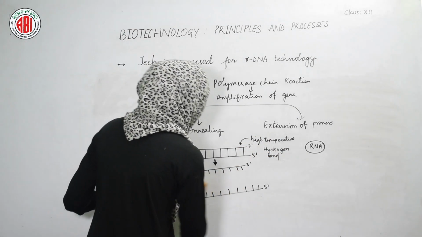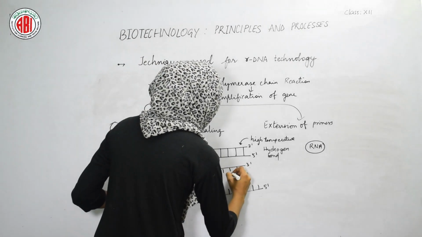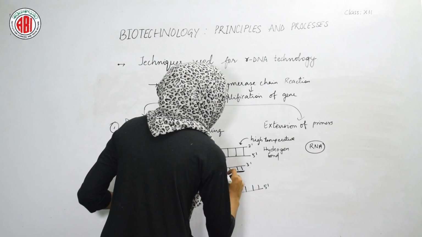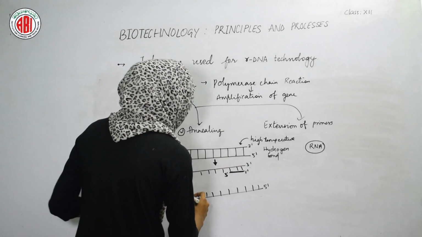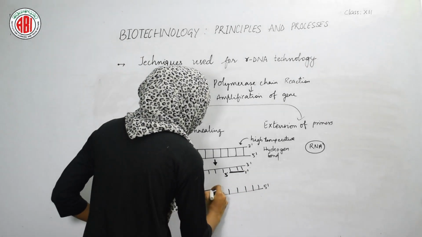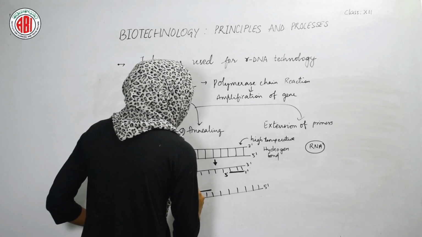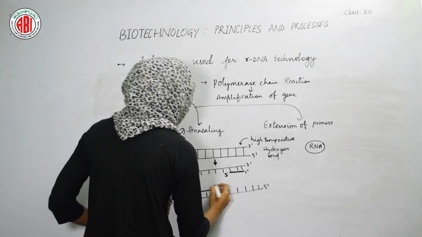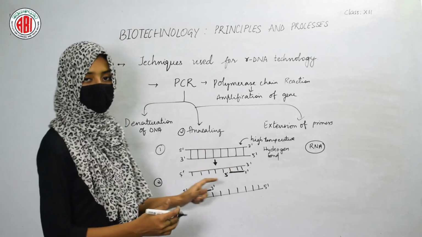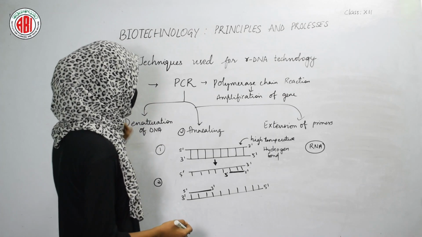If it is a 5' to 3' strand, then for this strand we take a primer that shows the 3' to 5' end, and for the 3' to 5' strand of DNA we take the strand of RNA which shows the 5' to 3' end. In such a way, anti-parallel RNA or primers need to be added, and that process is called annealing.